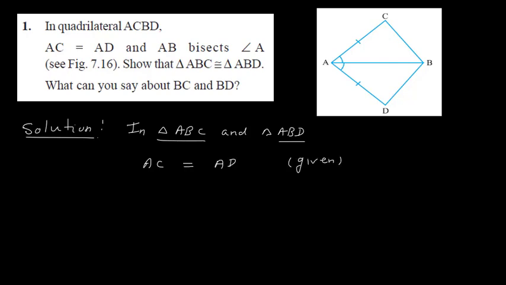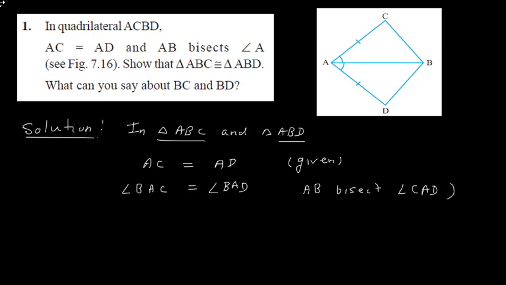Then angle BAC is equal to angle BAD, because AB bisects angle CAD.